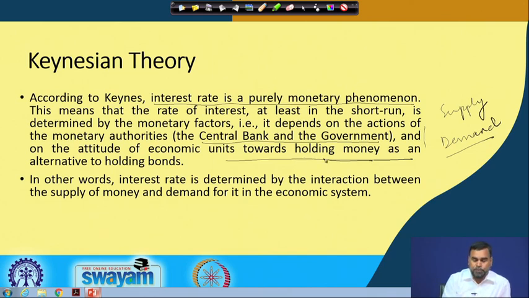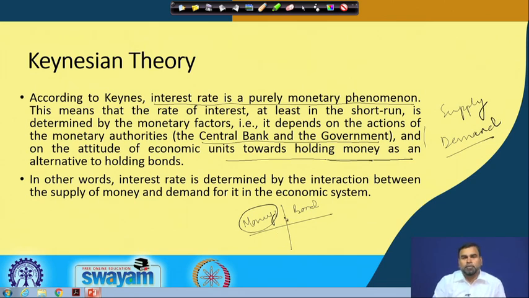So, in that particular period of time, we have only two alternative assets. One is your money in the liquid form or the cash, and another one is the bond. What Keynes was trying to say is that how much money people are trying to hold with them is defined as the demand for money.